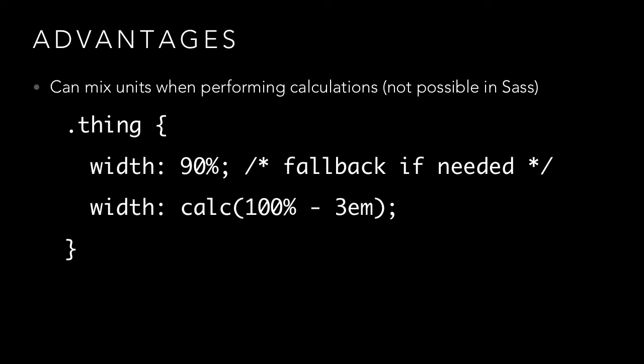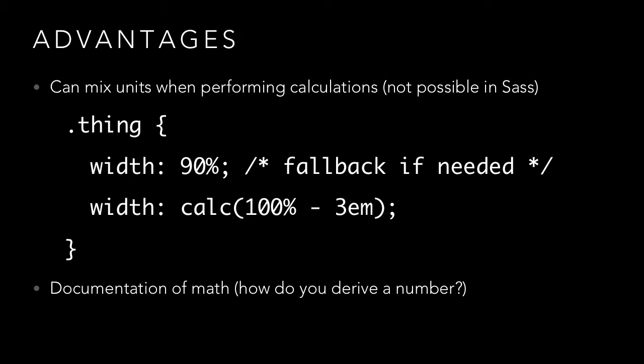Even if you are one of the people who have to use one of those browsers, which shall remain nameless, you can even write fallbacks like this. So you just take advantage of CSS to write your fallbacks. You can say, here's the fallback, and then on the next line, all you have to do is put in your calc there, and that'll more finely calculate whatever it is that you're trying to do. So you really have no excuse. You can just go on ahead and start doing this all together.